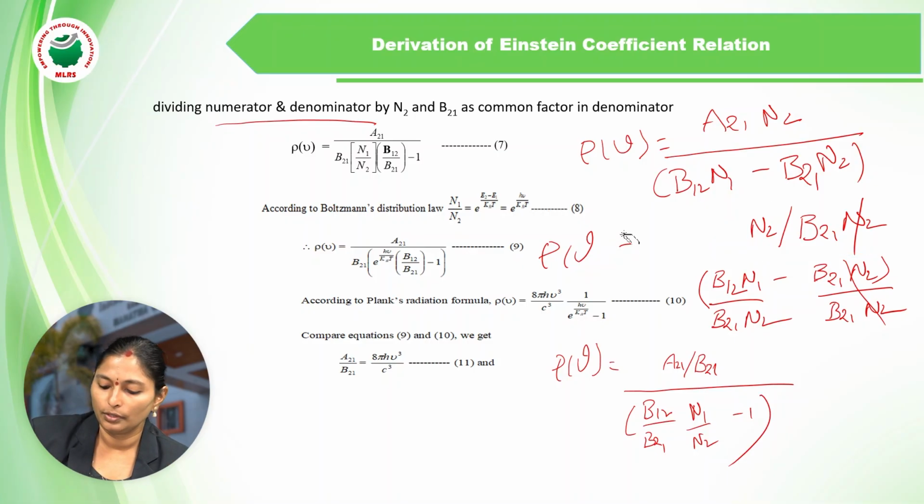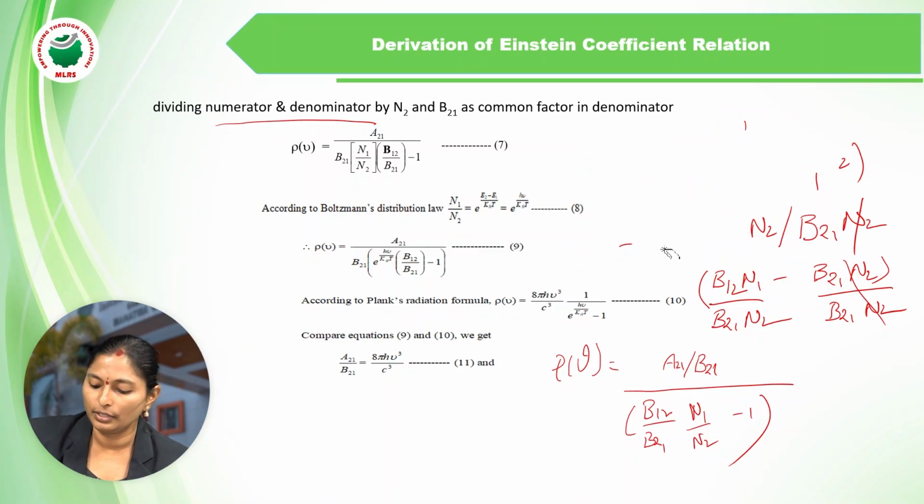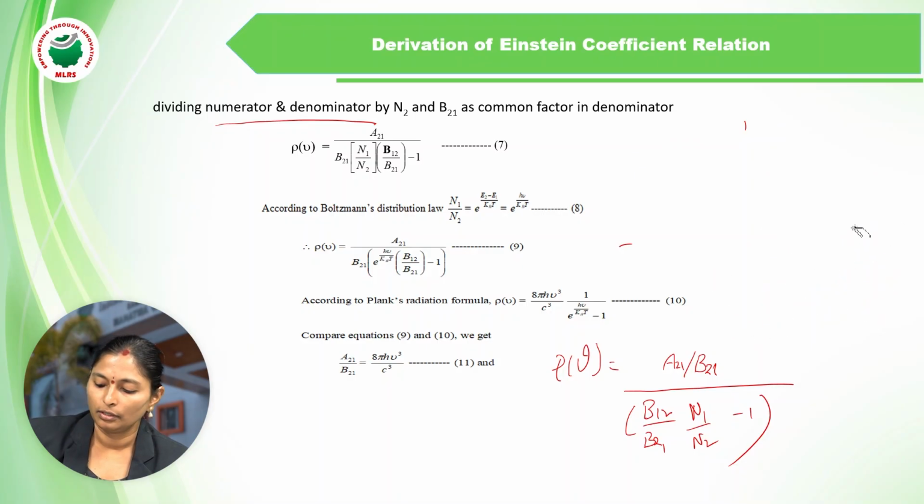Now again we are going to simplify. After simplifying, we are going to get the relation in terms of A and B. So, what is the relation we are getting now?